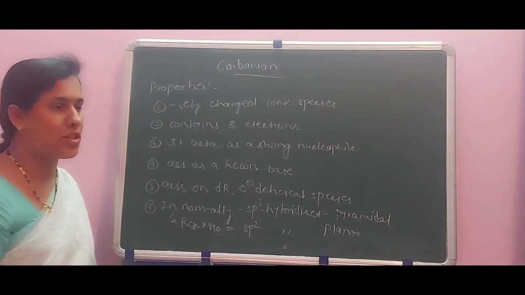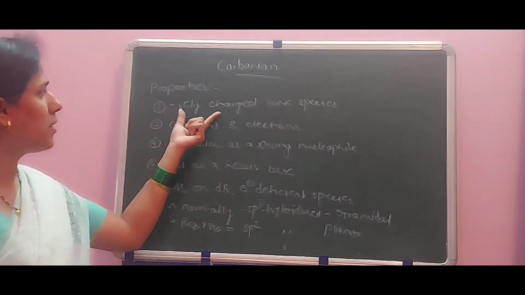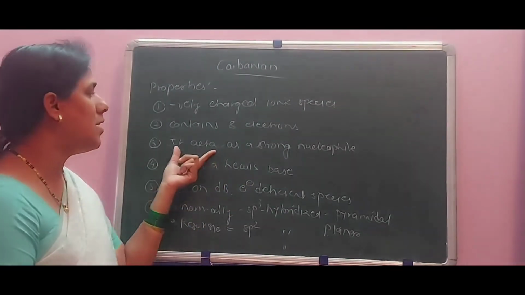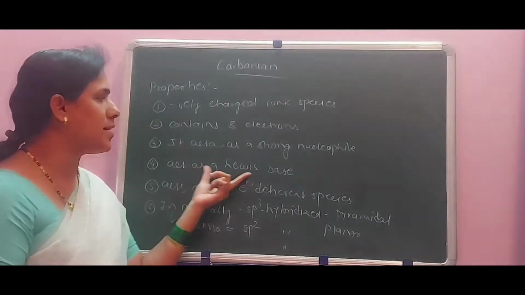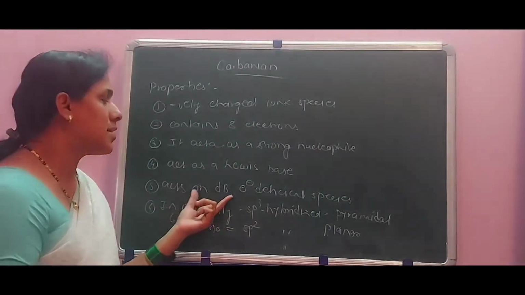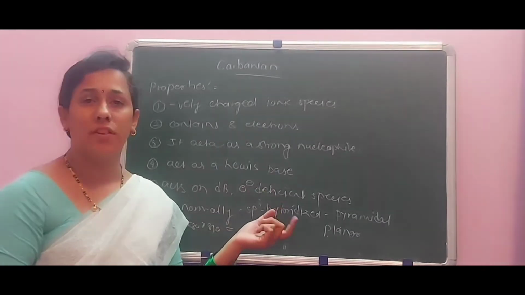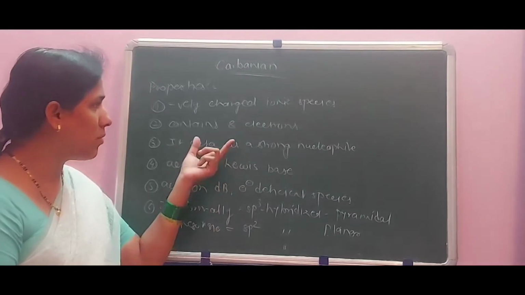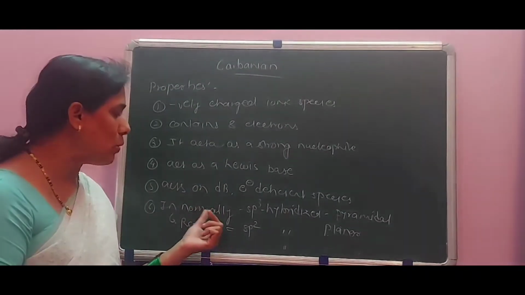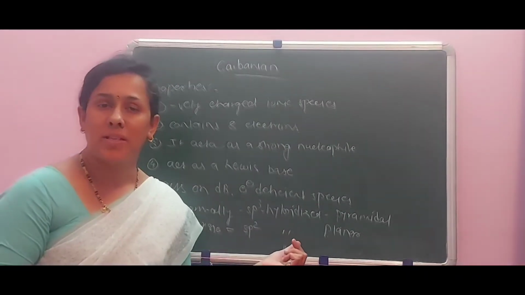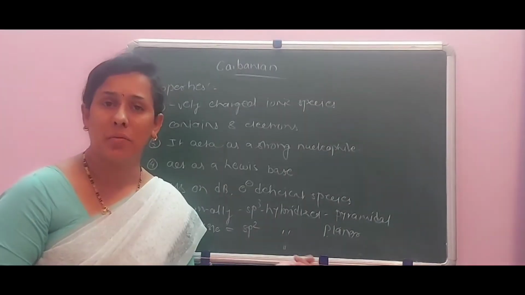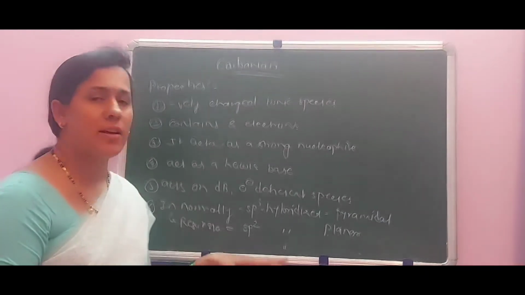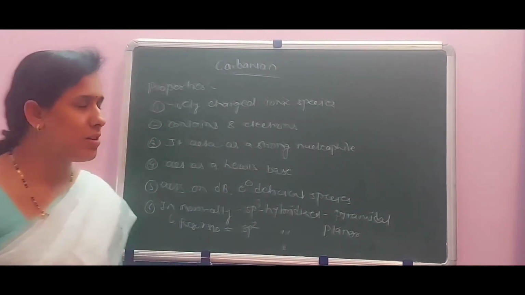To recap the properties: it is a negatively charged ionic species, it contains 8 electrons, it acts as a strong nucleophile, and it acts as a Lewis base. It acts on double bond electron deficient species to get the more stabilized carbocation. It is normally present in an sp3 hybridized state, which is pyramidal in shape, and when it is resonance stabilized, it is in an sp2 hybridized state, which is a planar structure.